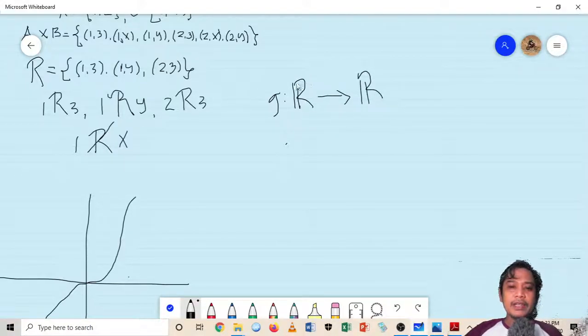Take note that the domain here is the set of real numbers. The codomain is the same set of real numbers. Defined by the equation g of x is equal to, let's say, 5x minus 1. Okay. So, let us verify 1 to 1-ness.